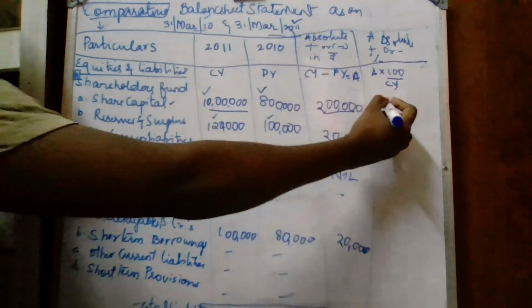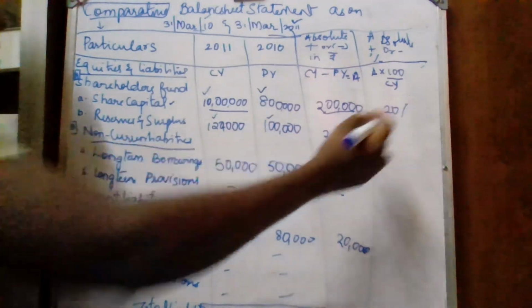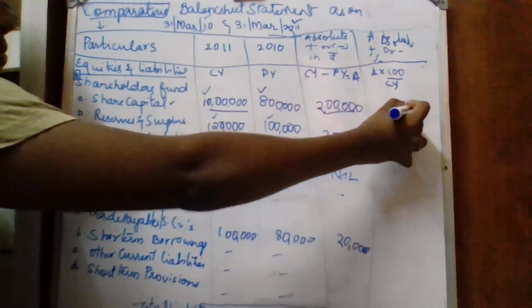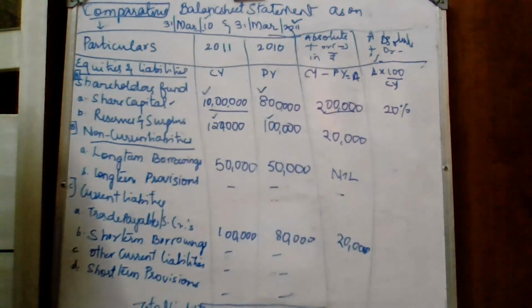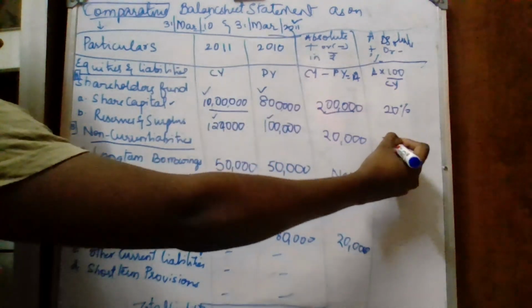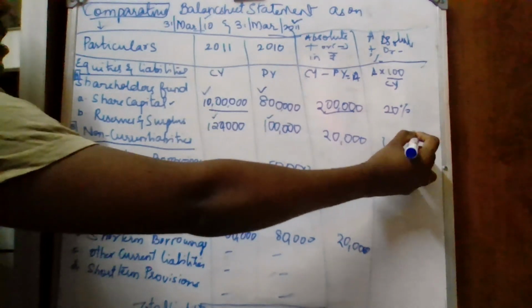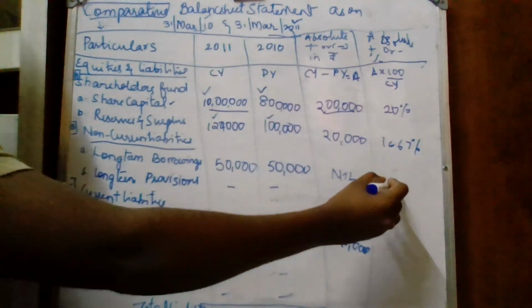That is your 20%. Next, you have 20,000. 20,000 into 100 divided by 1,20,000. You will get 16.67%.